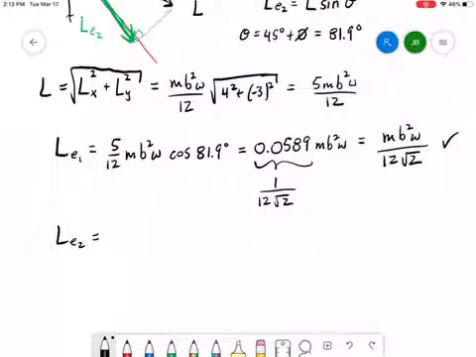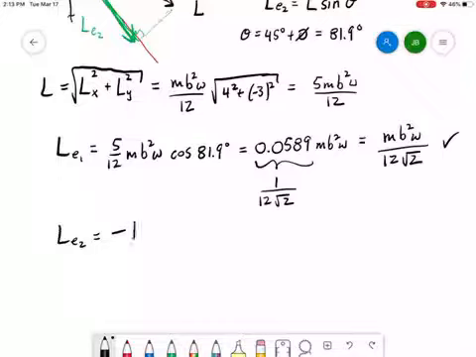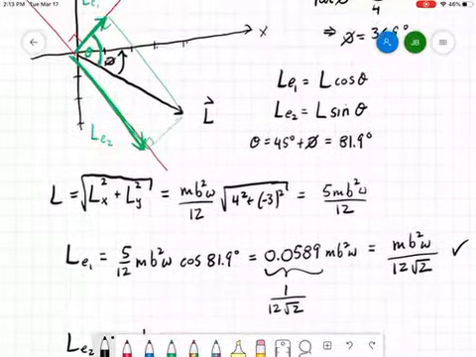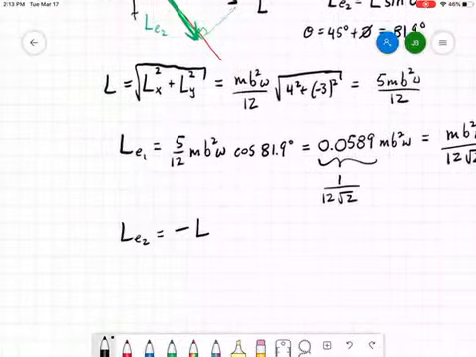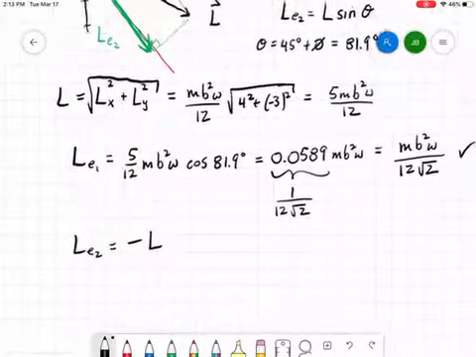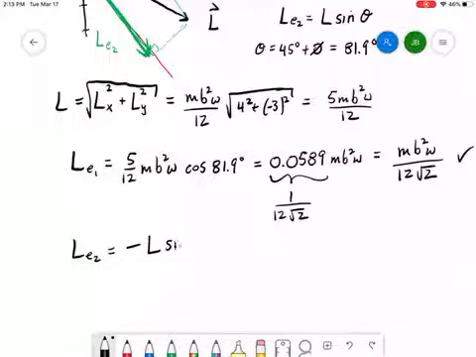For LE2, let's not forget that there's a minus sign, because the big green vector points along the negative direction of the second principal axis. So we have a minus L sine theta.